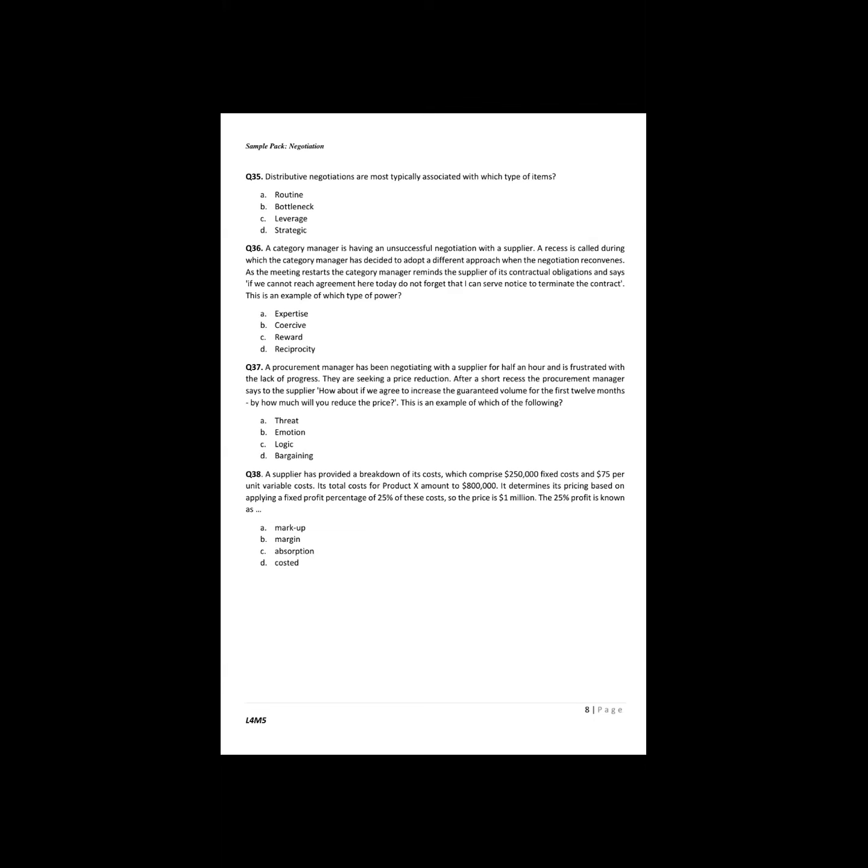Don't worry. It's in your book. It's in the book. So I'll just refer you to the page. Distributive negotiations are most typically associated with which type of item? Routine items. Well, I think it's routine. Okay. Yeah, routine item.